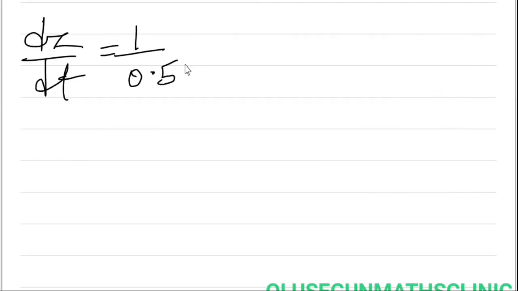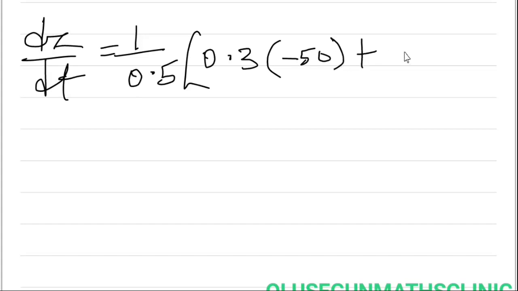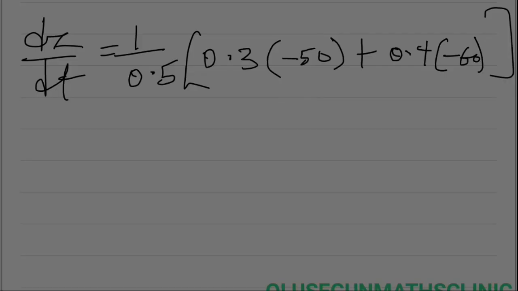So now we have dz/dt is equal to 1 over 0.5 times 0.3 times minus 50 plus 0.4 times minus 60. So let me explain how we get the minus 50 and minus 60.